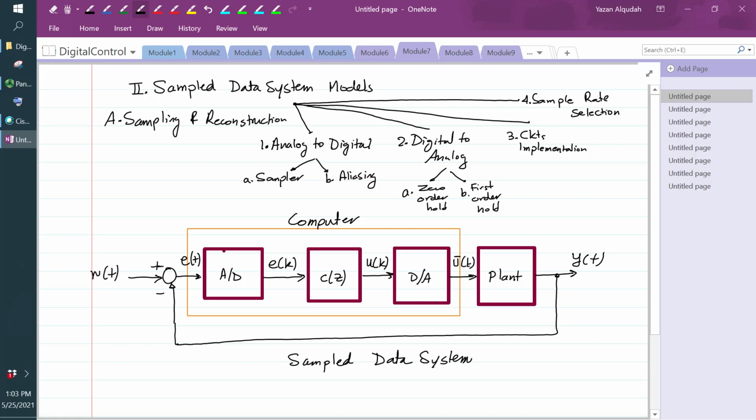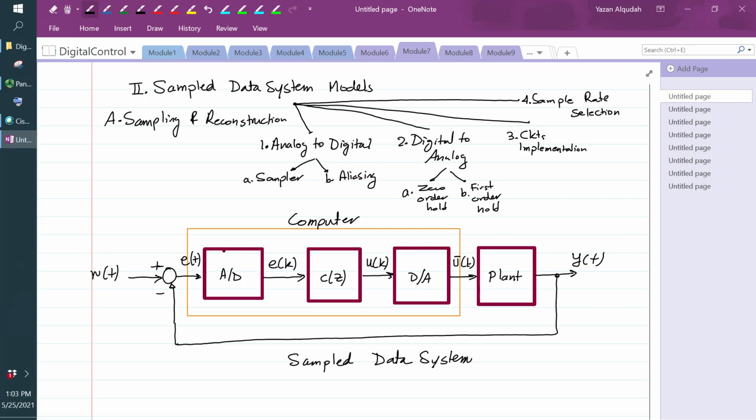Now this E of k is going to be used as an input to my controller C of z. So C of z, the controller, the compensator, the filter, is going to be driven by the discrete time error signal E of k, to generate an output that is U of k.